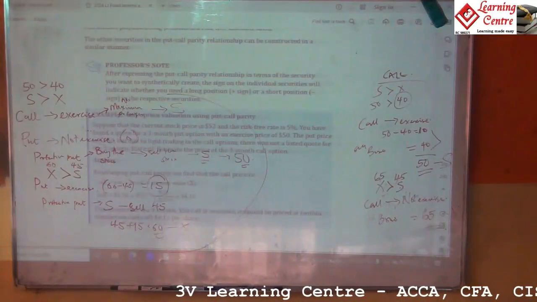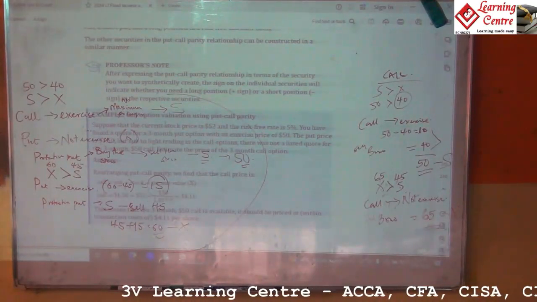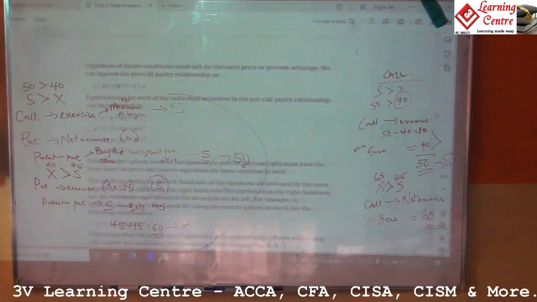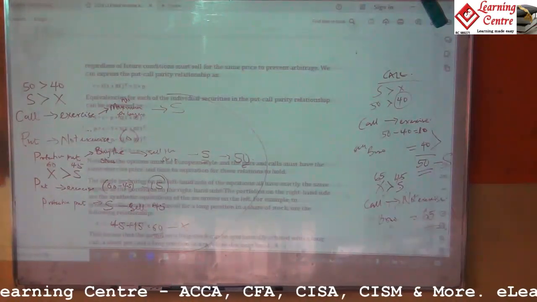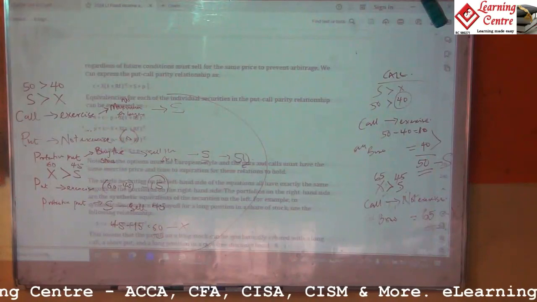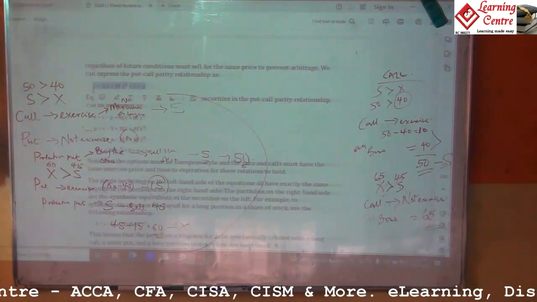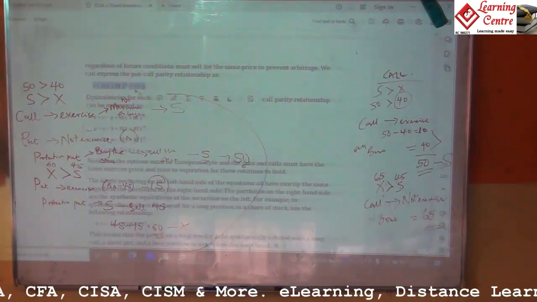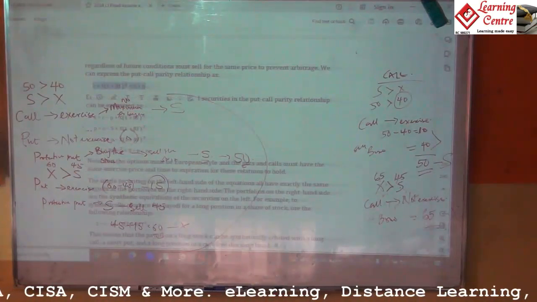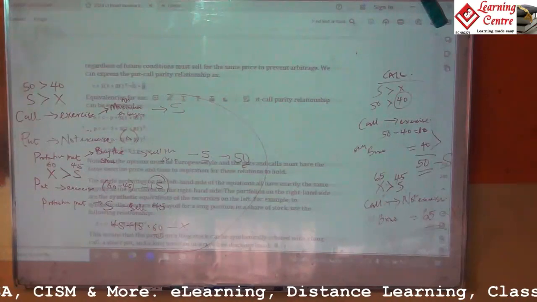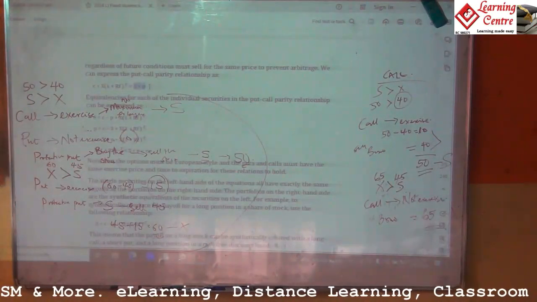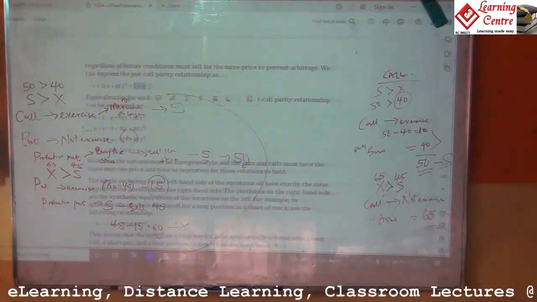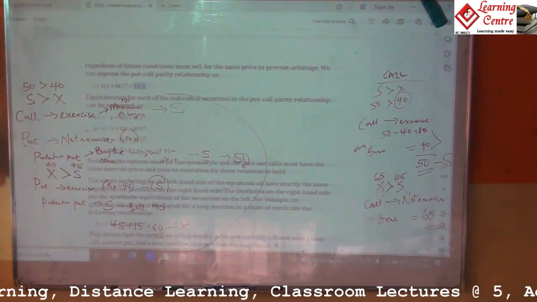So this is an example of that relationship. All that relationship is explained in this formula. This is the call, plus the bond. Remember this part: this second part, S plus P, is the put and the stock.